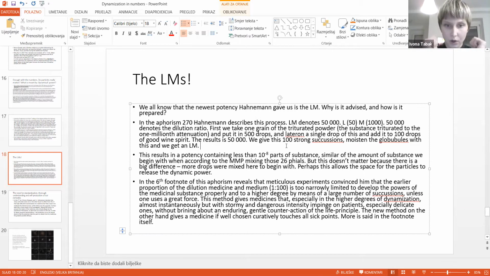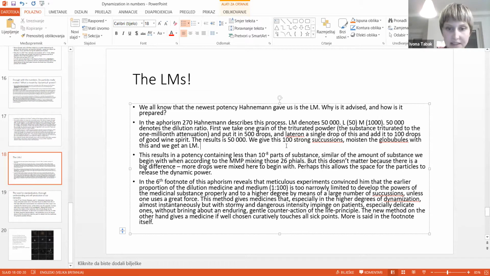And then in the footnote of this aphorism, he explains what I was trying to say right now. He says, through meticulous experiments, I was convinced that the earlier proportion of the dilution medicine and the medium, that's 1 to 100, is too narrowly limited to develop the powers of the medicinal substance properly and to a high degree by means of a large number of succussions, unless one uses a great force.